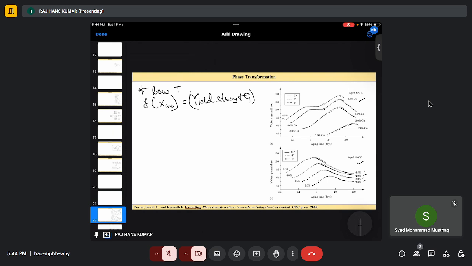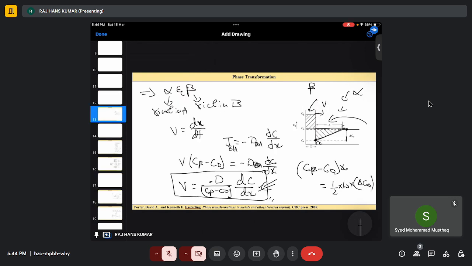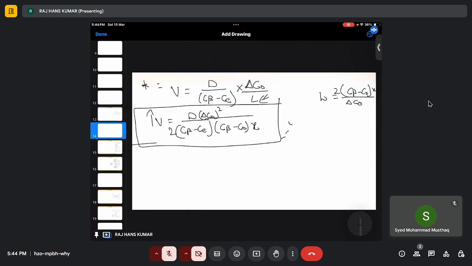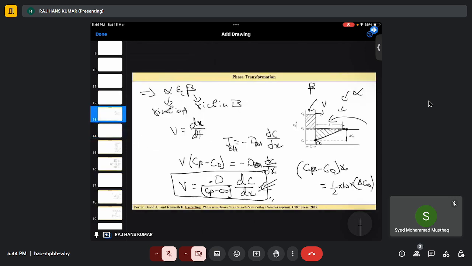As I have mentioned before, the velocity of that front will directly depend upon the concentration gradient. If you can recall here, this one, the delta C naught, which means the composition of alpha minus the equilibrium composition of beta and alpha phase. The higher this gap, the higher the front velocity will be.